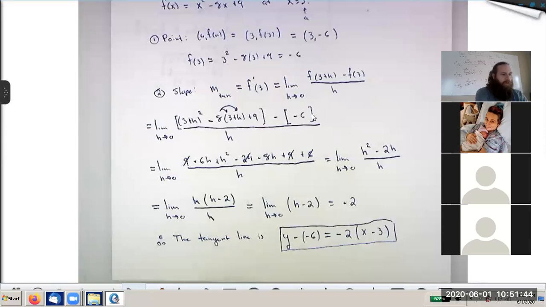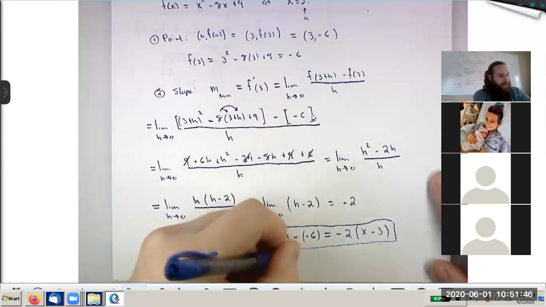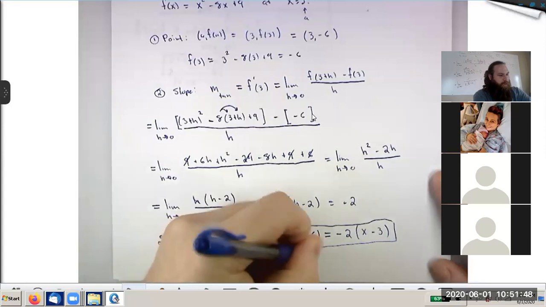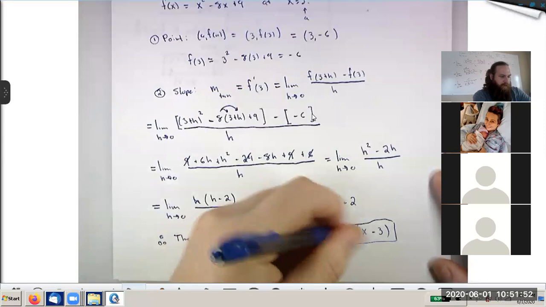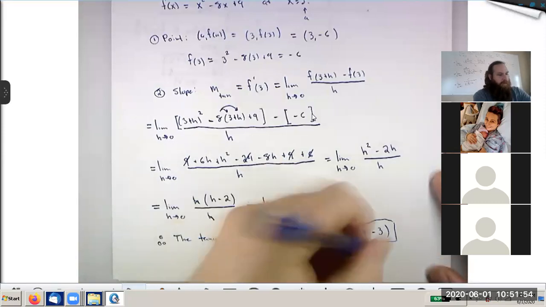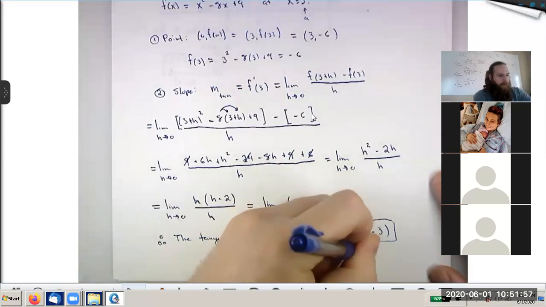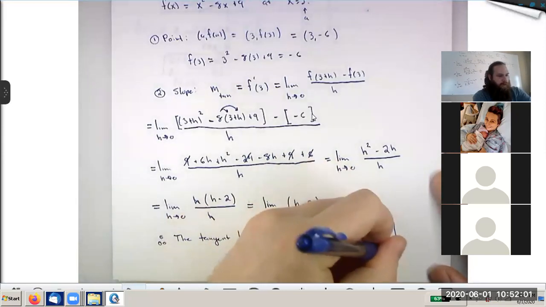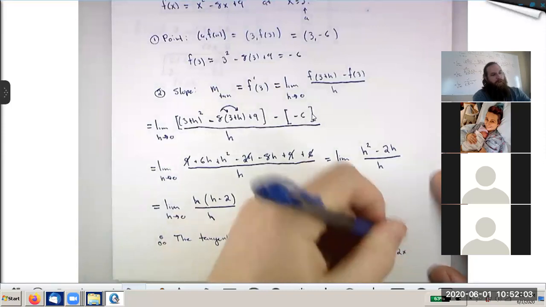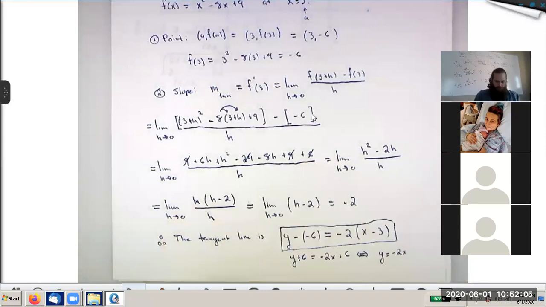Just for fun, this is the same as y plus 6 equals negative 2 times x minus 3, which is itself the same as, subtracting 6 from both sides, y equals negative 2x. So simplifying there is worthwhile because it makes things nicer.